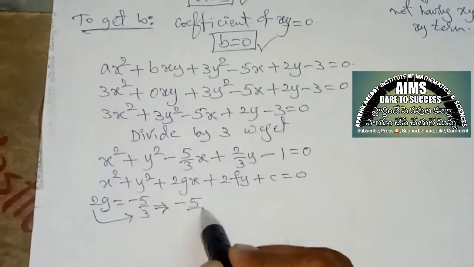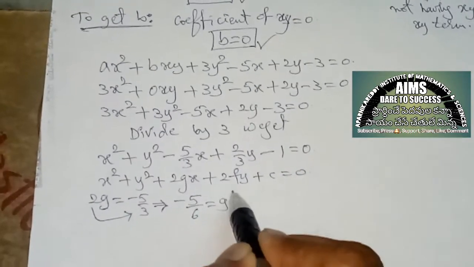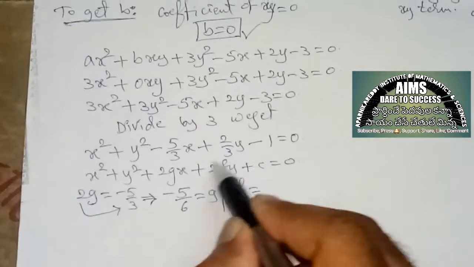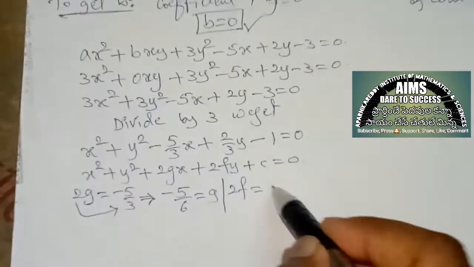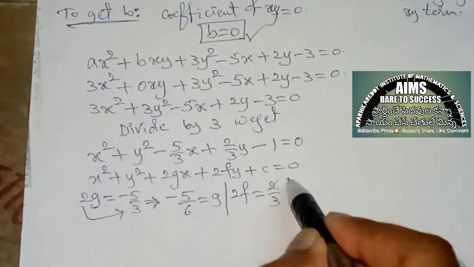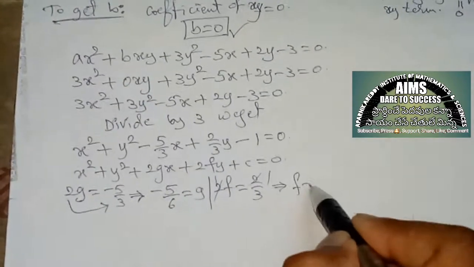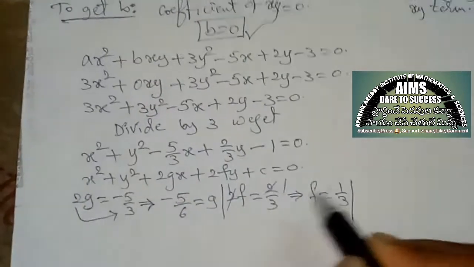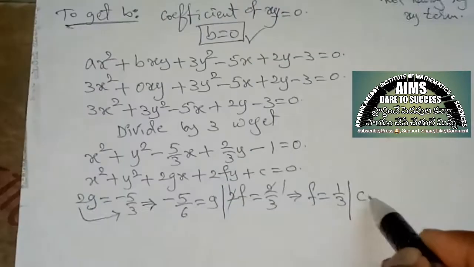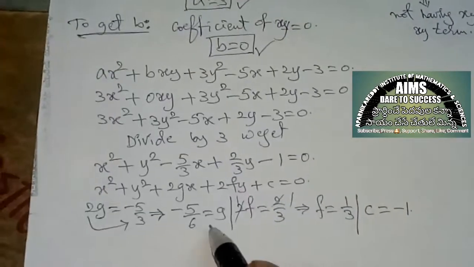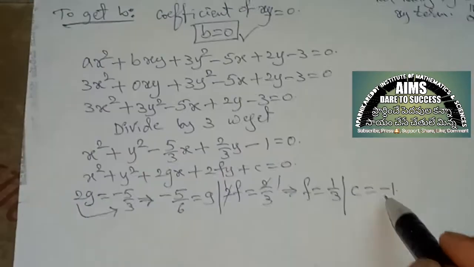So minus 5 by 6 is the g value. Next, comparing with y coefficients, the y coefficient is 2f and the y coefficient is 2 by 3. The 2 gets cancelled, remaining f equal to 1 by 3. And the last constant term c is minus 1. So we got g value, f value and c value.